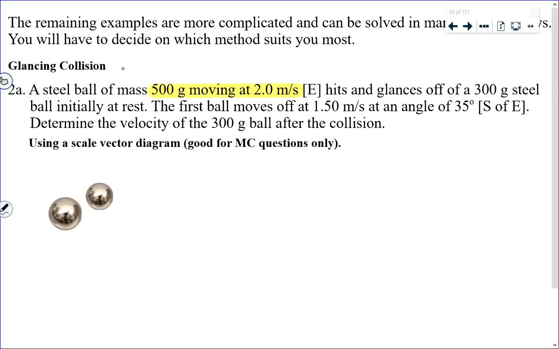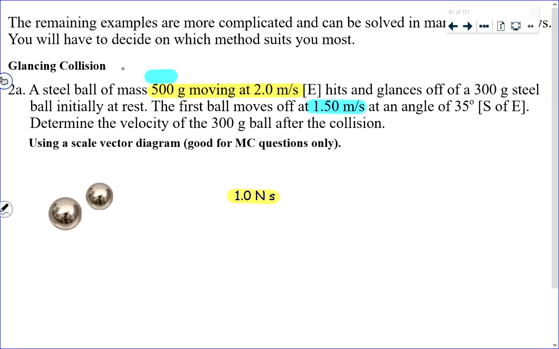First thing is, we've got a 500 gram ball moving at 2 meters per second. If we take the mass of that ball, which is 0.5 kilograms, times the speed of 2 meters per second, we know what that momentum is. The momentum of the first ball before the collision is 1 newton second. We're going to need to know the magnitude of the momentum because this is all about conservation of momentum.